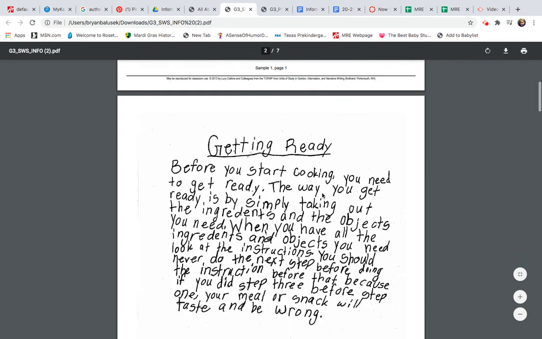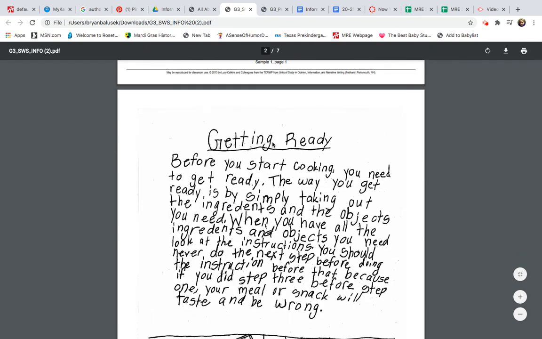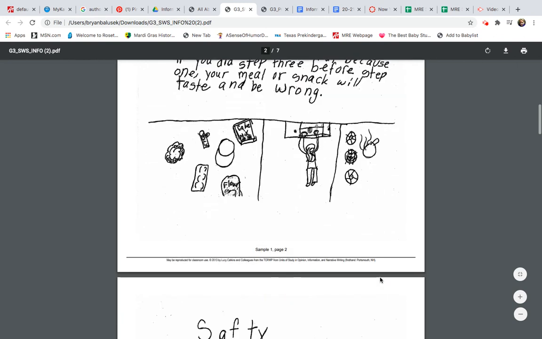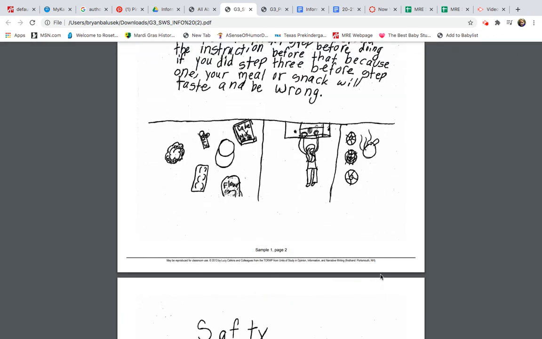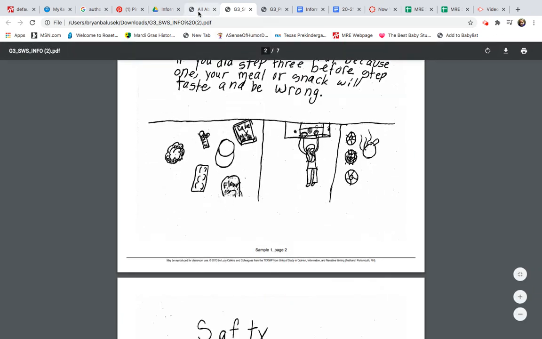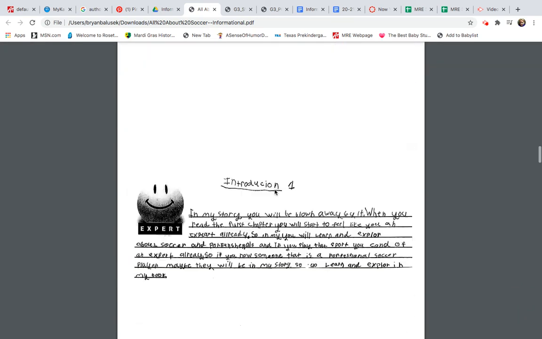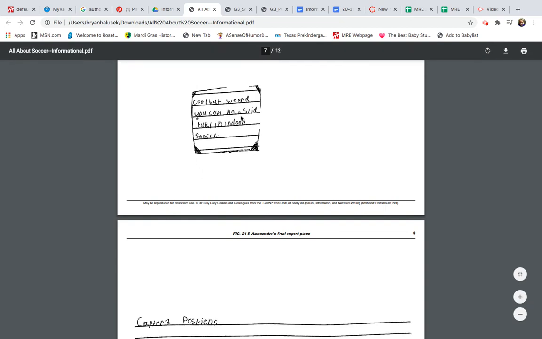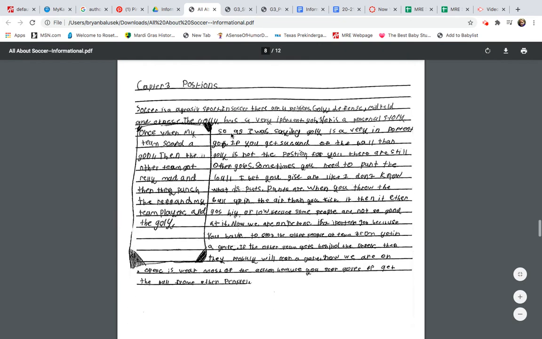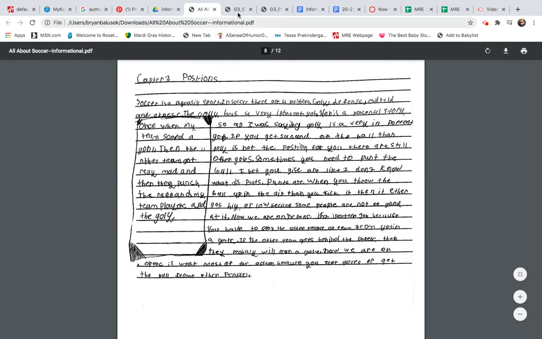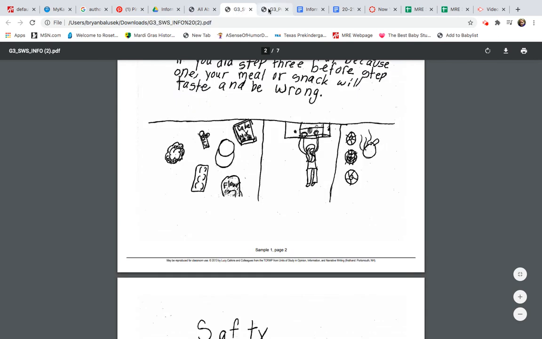I hope that you notice that I have my chapter name or my heading, and then my paragraph about that heading. I hope you notice that some of these authors did pictures. Some of them did diagrams where they label your picture. I hope you notice these little captions and this sidebar. Those are all things with nonfiction or informational writing.